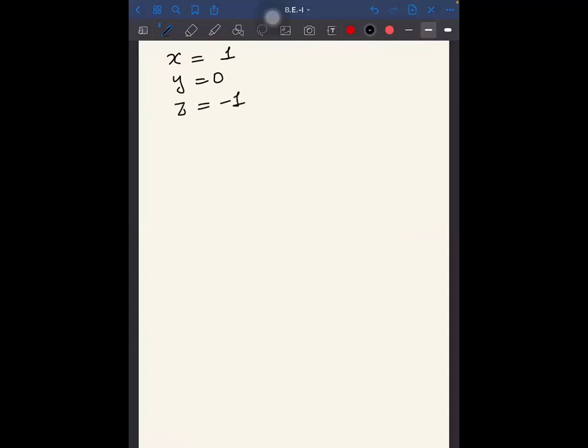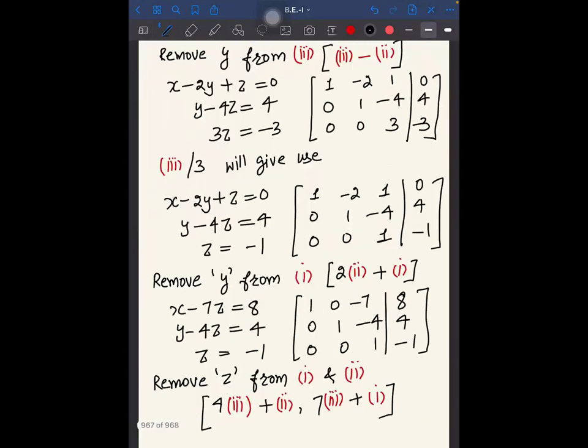So this can also be put in the matrix form. This will look like 1, 0, 0, 0, 1, 0, 0, 0, 1, and here you have the right hand side, that is 1, 0, and minus 1. So this example tells us that there is a connection between the coefficient matrix and the system of linear equations.